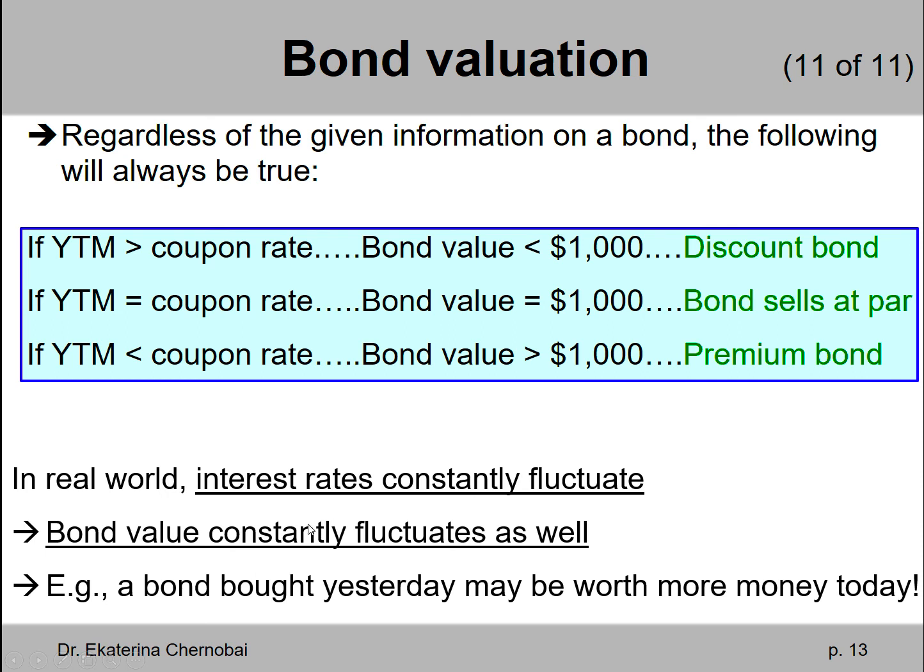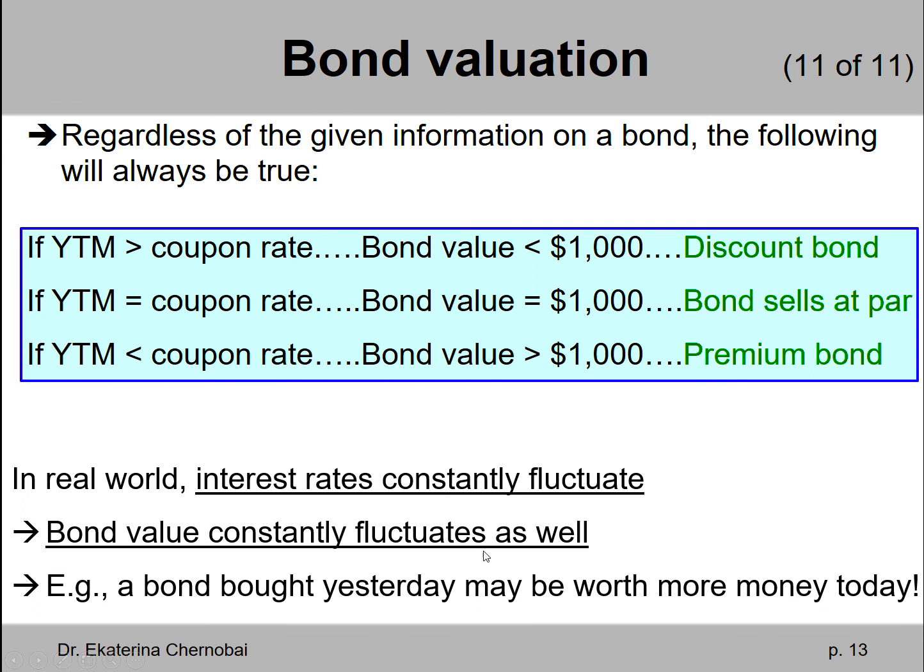And what this in turn implies is that if you bought a bond yesterday and paid some amount of money for it, then maybe if the interest rate went up overnight, then your bond value went down overnight. So what you paid a lot of money for yesterday is not worth as much money today.